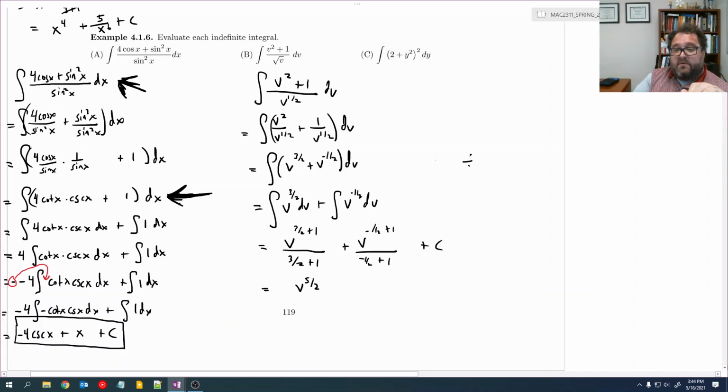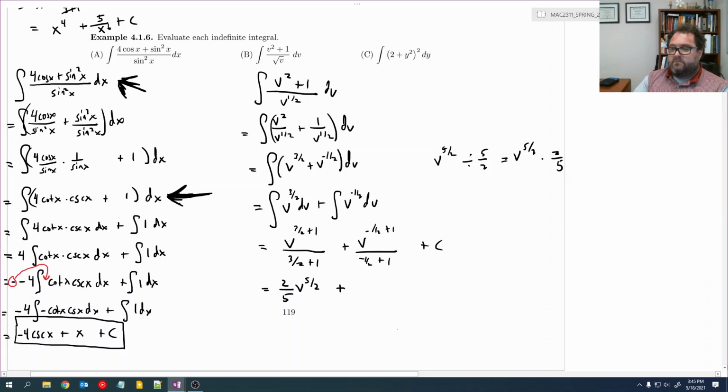So v to the 5/2 divided by 5/2 is the same thing as v to the 5/2 multiplying by the reciprocal. Because remember, whenever you divide by a fraction, you flip it and multiply. So instead of dividing by 5/2, we simplify and multiply by 2/5 instead.